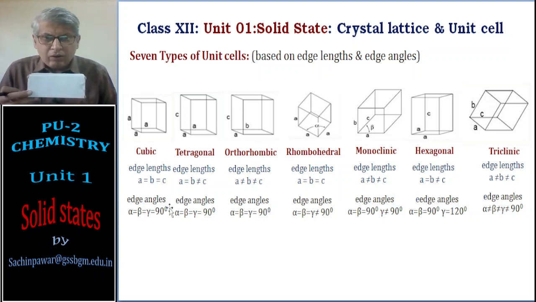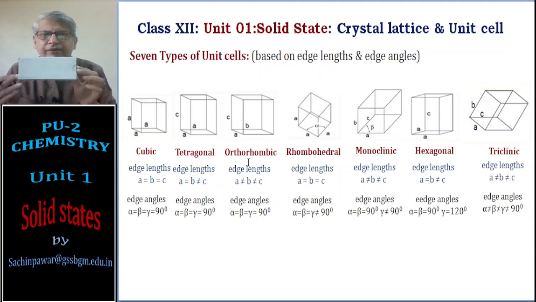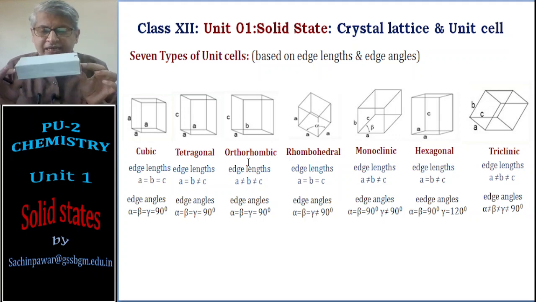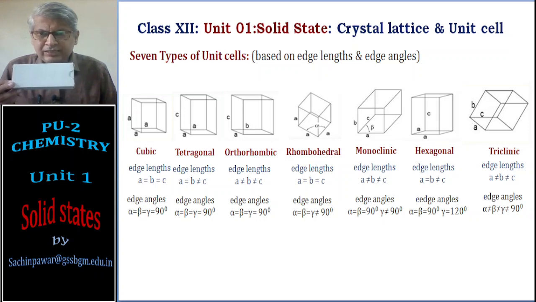So all 3 are not same means I will be coming to this aspect, either monoclinic or triclinic or orthorhombic. Again, all angles, if you just take, all angles are 90 degrees here. So it is actually this one, orthorhombic. So this is an example of an orthorhombic crystal, an orthorhombic unit cell. So I'll come back on this.